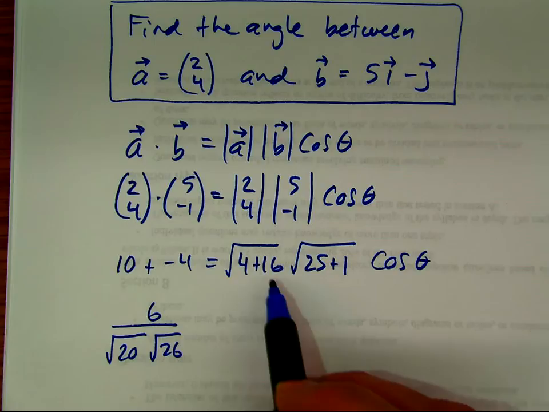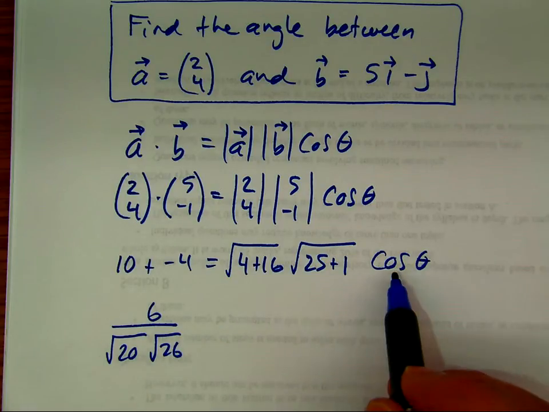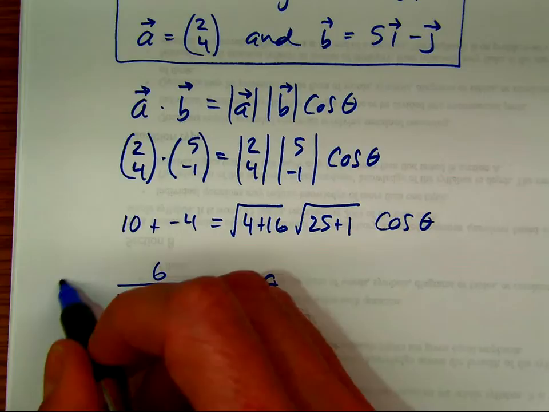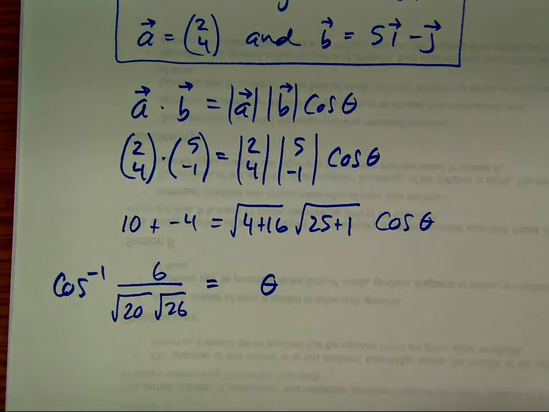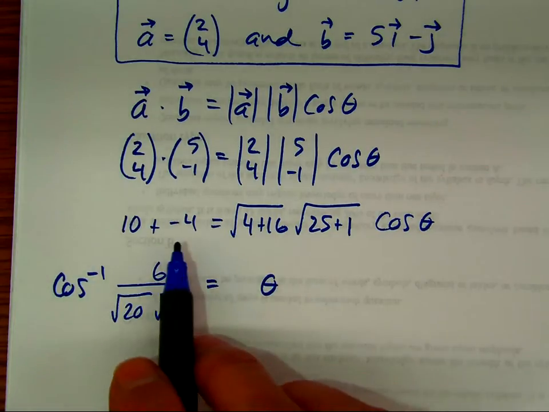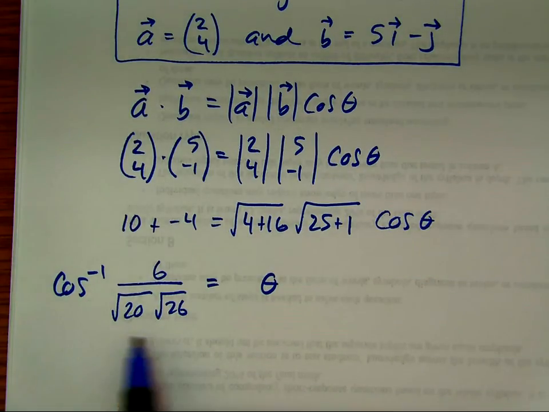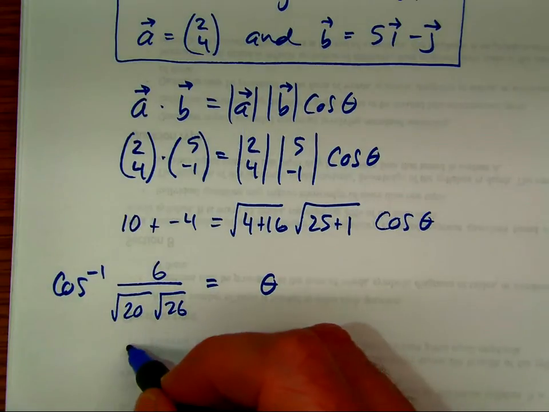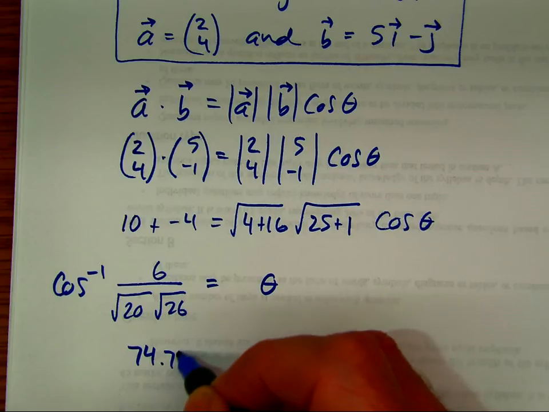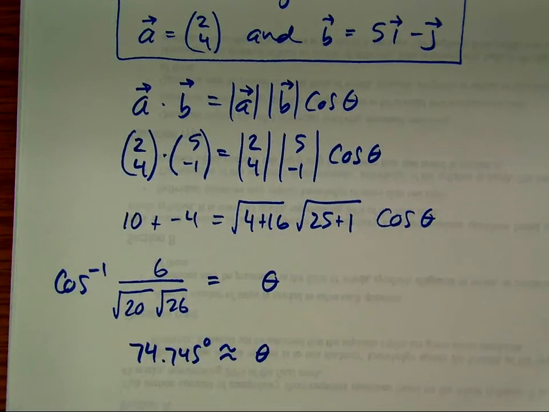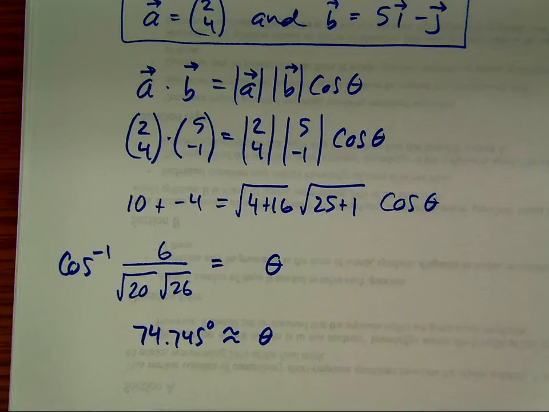And we are dividing both sides by the radicals to get cosine by itself. And let's just say, we'll do inverse cosine also. So we divide by these and then do inverse cosine on both sides. And you do that in the calculator, and we'll get 74.745 degrees is theta.